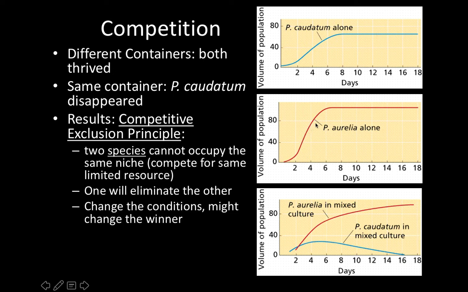If you put aurelia in its own environment, Paramecium species B here, once again they do great in there. But he then found that if you put the two of them together, notice what happens is that Paramecium aurelia keeps doing well, but caudatum disappeared. Even though the food was the same, the water was the same, one eliminates the other.